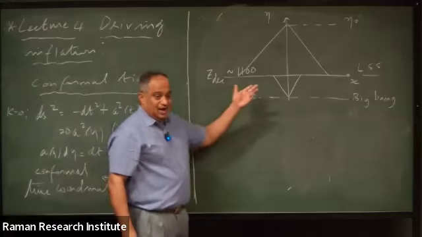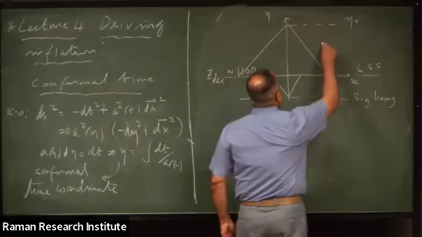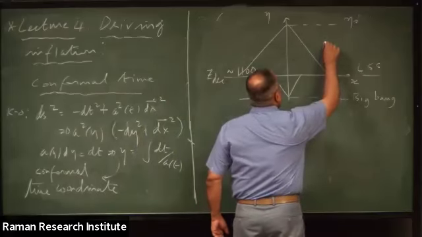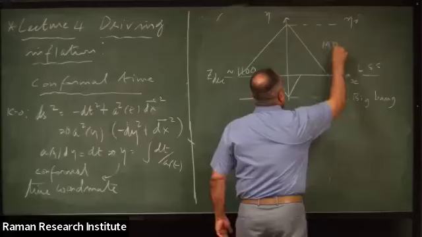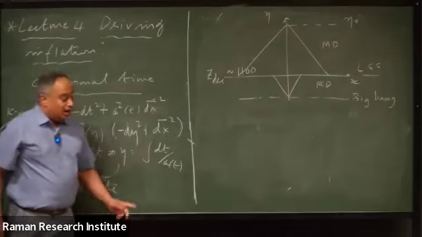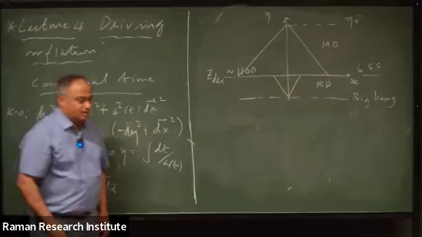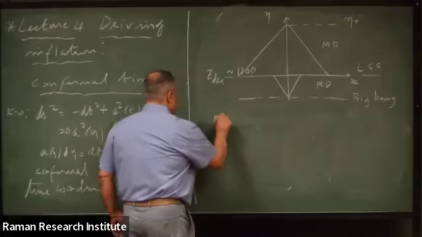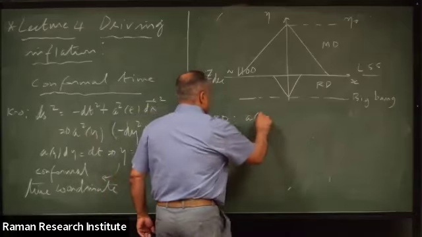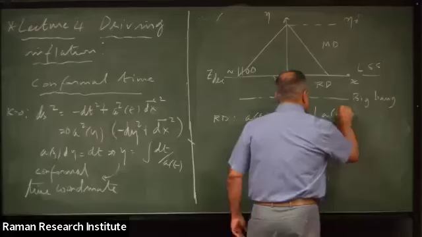Now, I haven't evaluated this. I would urge you to evaluate this, okay? Assume that this is matter dominated and this is radiation dominated. Before I come to that, I need to estimate the range of eta. So in radiation domination, a of t is t power half. So what is a of eta?